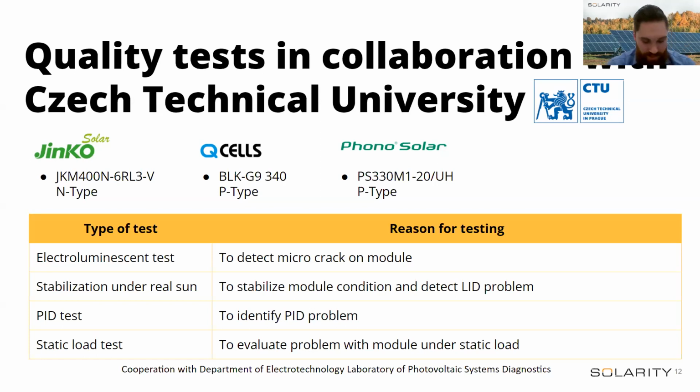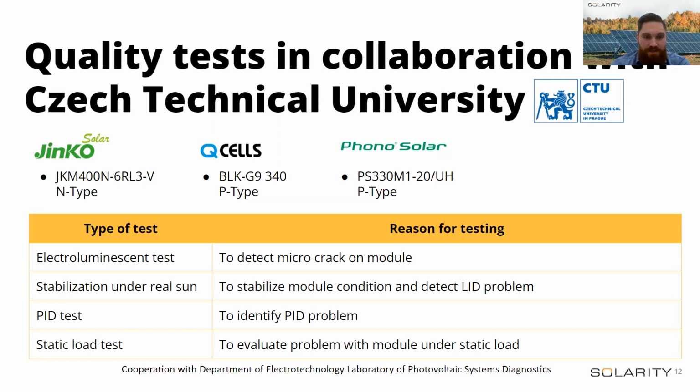PID, potential induced degradation. So the PV module has an aluminum frame, and this frame is grounded to the ground. If the PV module is of lower quality, the electrons can jump to the frame and be grounded, and there can be a loss of up to 50% in some cases.